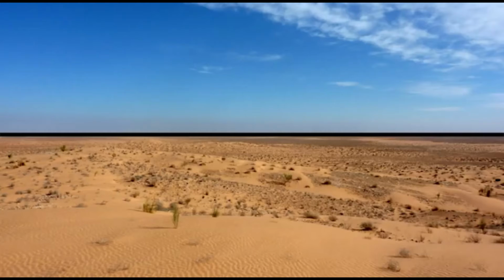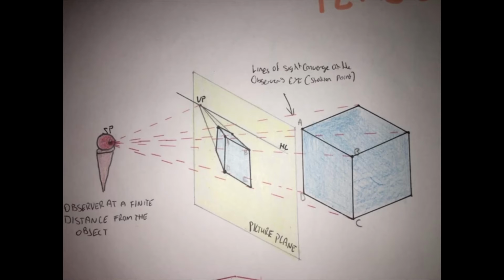Another main point in perspective is the picture plane. The picture plane basically is the view that the observer sees from where they're standing. You can see here I did a little sketch. We see the cube. The cube has equal sides of length, height, and depth, but where the observer is standing gives a different interpretation of what the cube actually is.